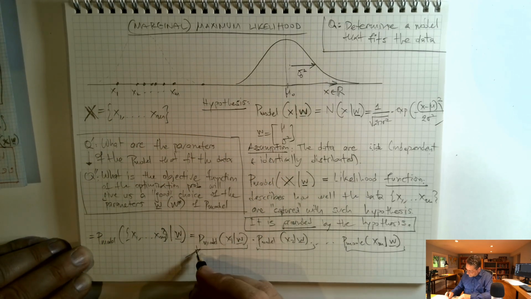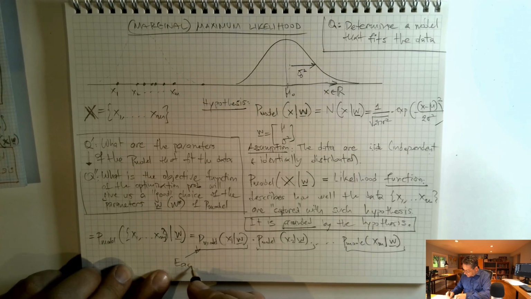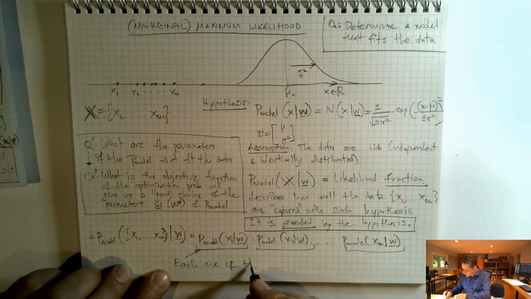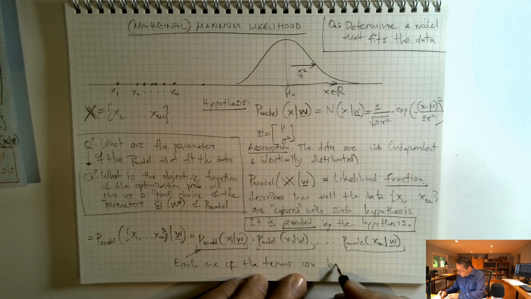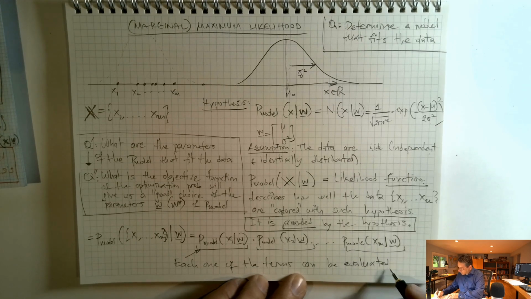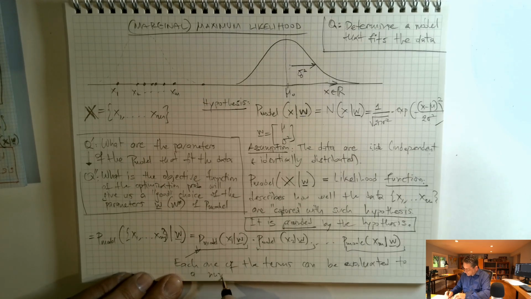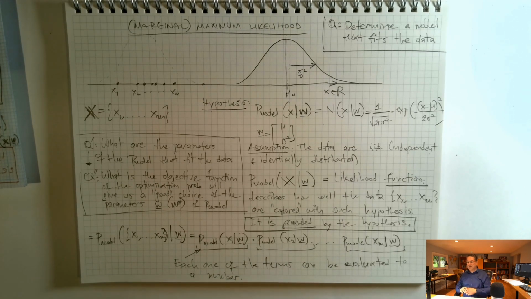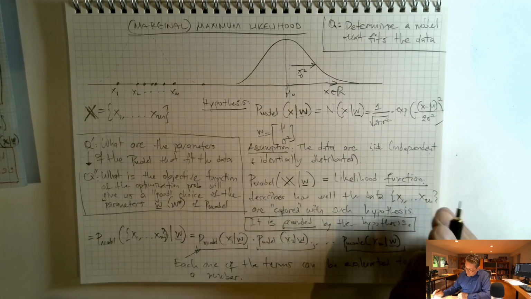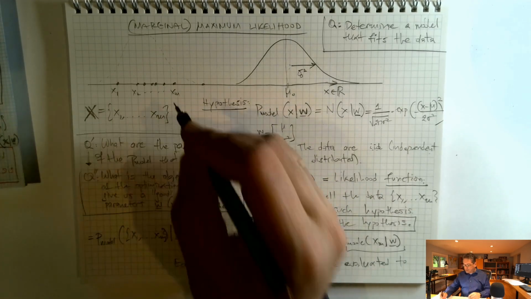So let me just write over here that each one of the terms can be evaluated to a number. It's going to be some very low number, like say 10 to the minus 100 for x1, maybe 10 to the minus 98 for x2, and 10 to the minus 60 for xm over here.